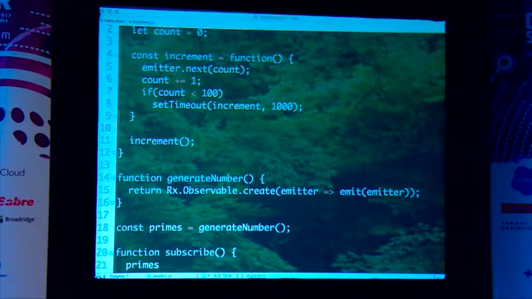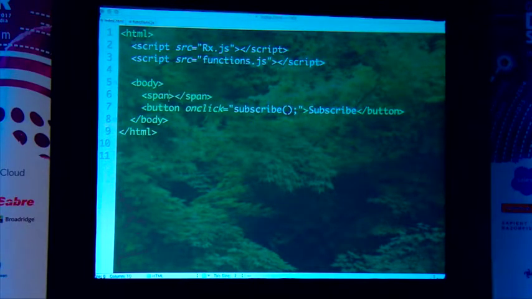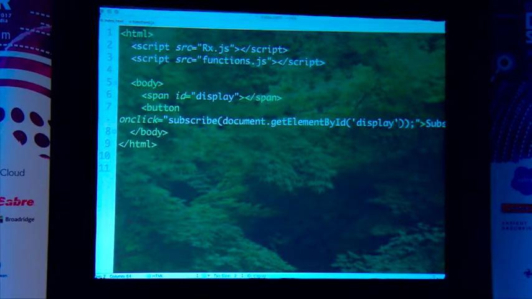Okay, but here, I'm going to create a little display. So I'll say span ID equals display. And this is a span tag. And I'm going to say over here, document.getElementById. And I'm going to send the display to it. So the subscribe method takes a display now.